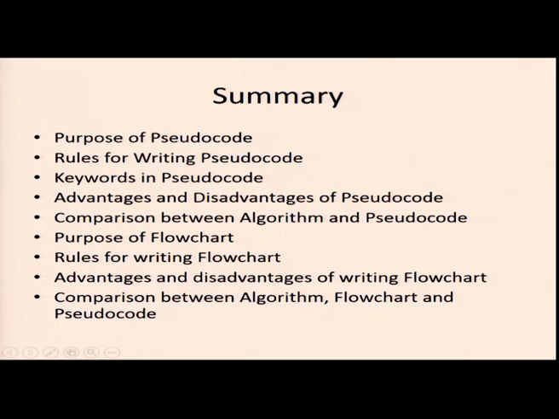We have made a comparison between an algorithm and pseudocode. Then we went on to see what a flowchart is, what the purpose of a flowchart is, and the rules that are required in drawing a flowchart, because usually a flowchart is all of symbol type. Usually you draw the symbols and then you write precisely within the space available inside the symbol.